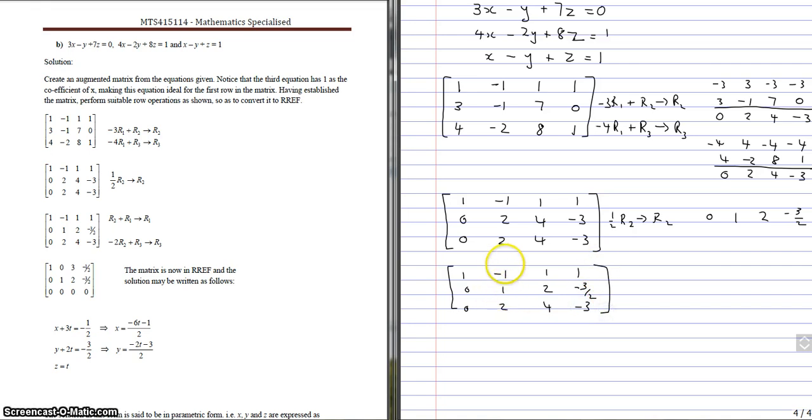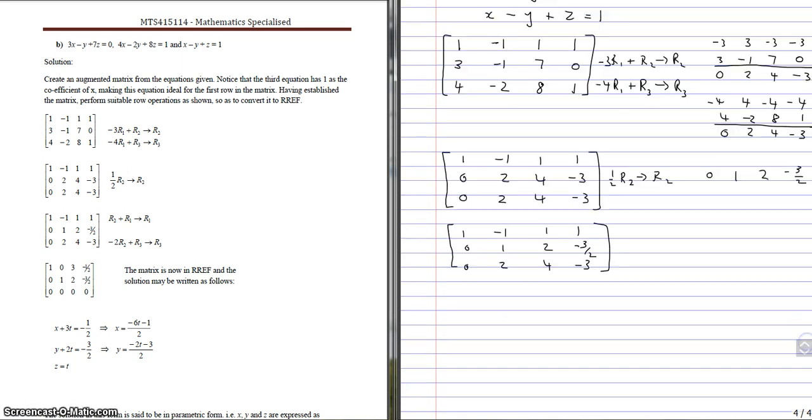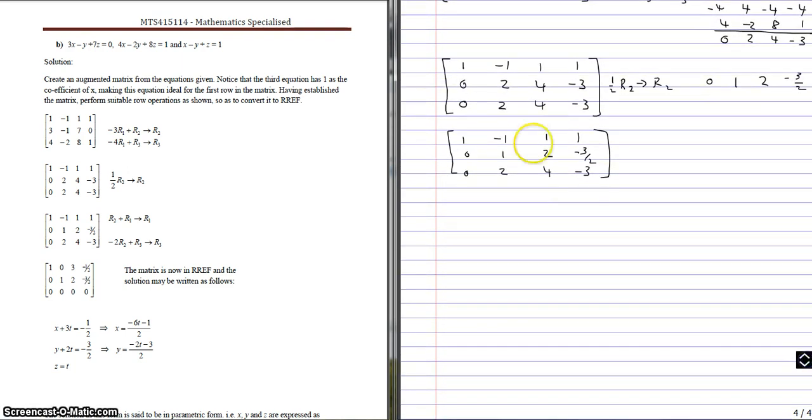The next thing we need to do is ensure that every other element in that column is a 0. So you'll notice that with our first row and this element, to change that to a 0, we don't actually have to multiply our 1 here by anything, because we can just add 1 to negative 1 to give 0. So we can just go row 2 plus row 1 to give us our new row 1.